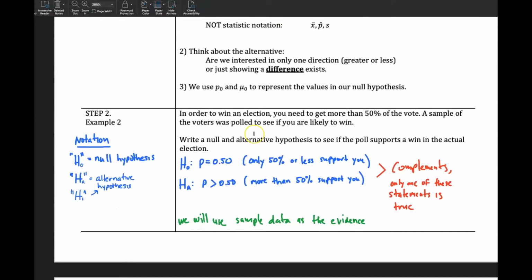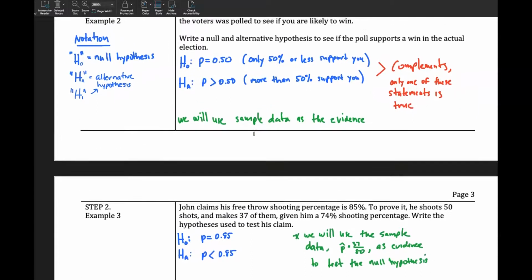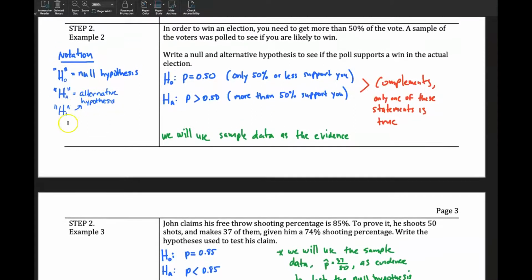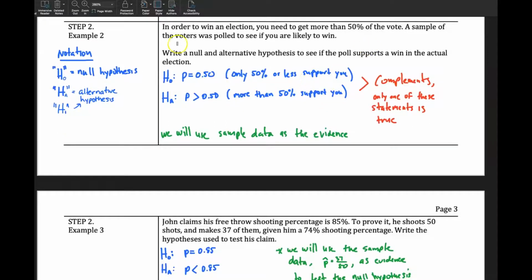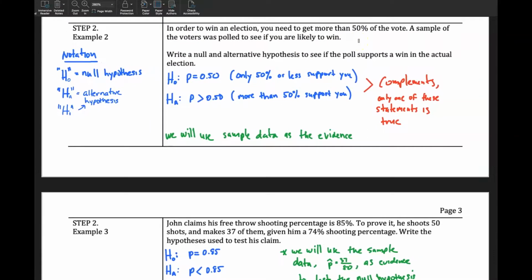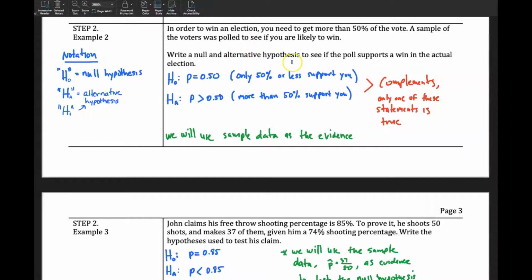Here's an example we can look at. There's actually 2 I can get on the screen here. The notation we're using is null hypothesis and alternative. Sometimes you'll see H1, so if you're looking at other resources, you'll see H1 as the alternative hypothesis. In this case, in order to win an election, you need to get more than 50% of the vote. A sample of the voters was polled to see if you are likely to win.